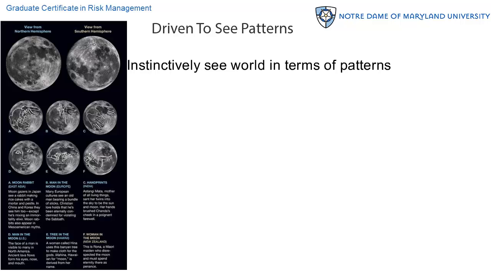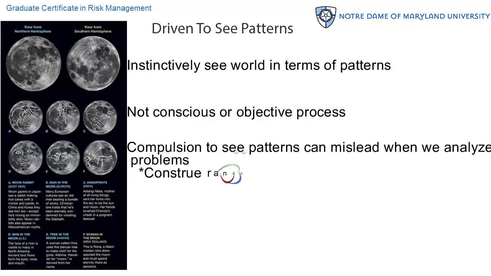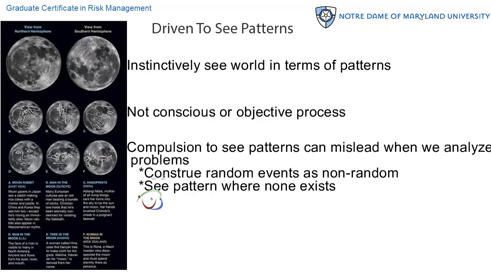We instinctively see the world in terms of these patterns, and it's not a conscious process. We have this inner compulsion, this DNA compulsion to see patterns. It can mislead us when we're dealing with problems that need to be analyzed. We can look at random events and see them as non-random. We see patterns when they do not exist. We also might miss a pattern that is clearly there.